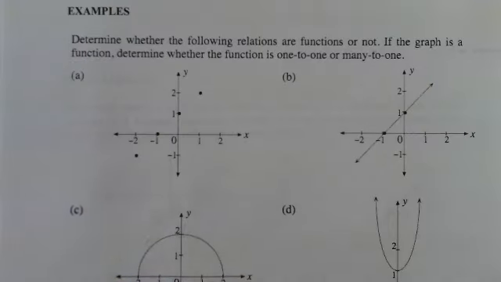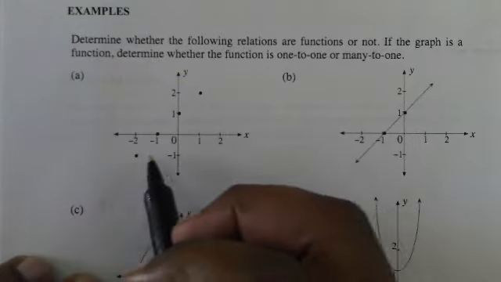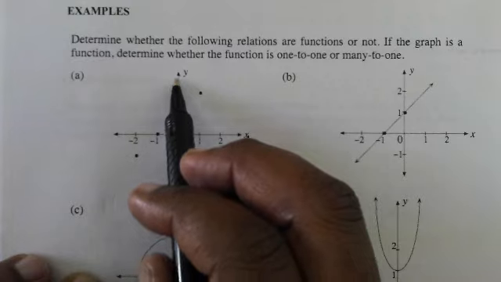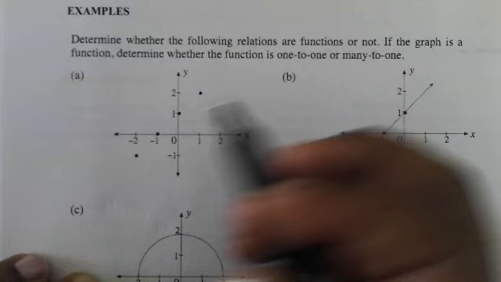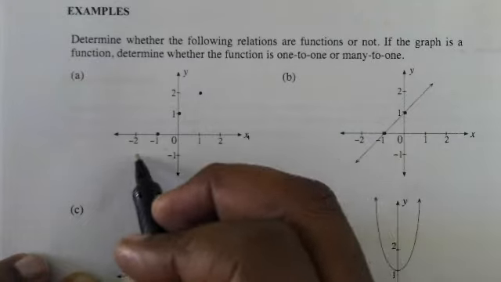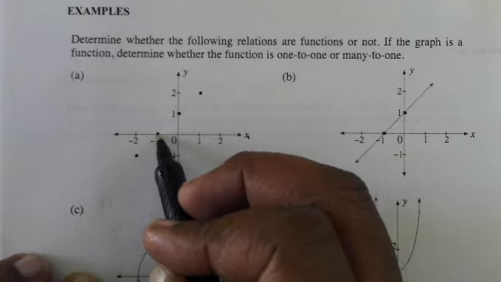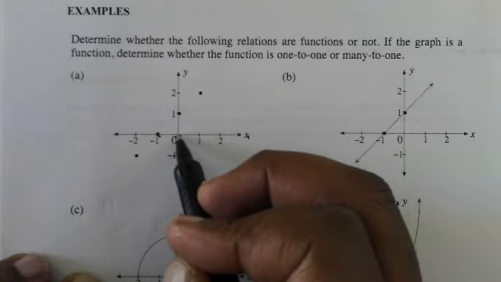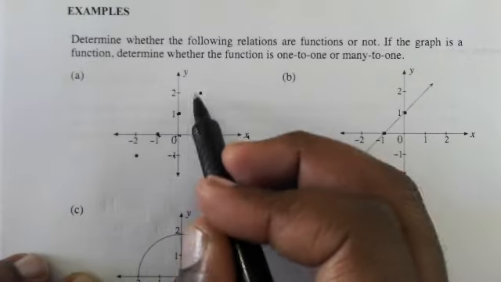Let's look at this one, A. Obviously this is a function, because x is your domain and y is your range. It's always like that. So the domain value of -2 gives a y of -1. An x of -1 gives a y of 0. An x of 0 gives a y of 1. And an x of 1 gives a y of 2.